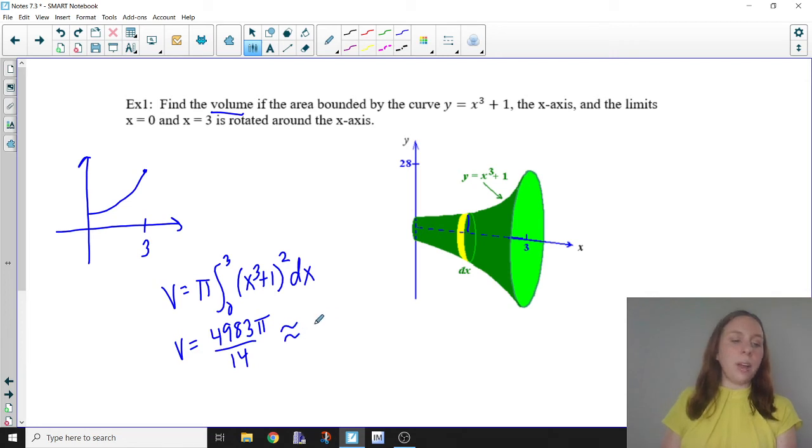That's approximately equal to 1,118.183.